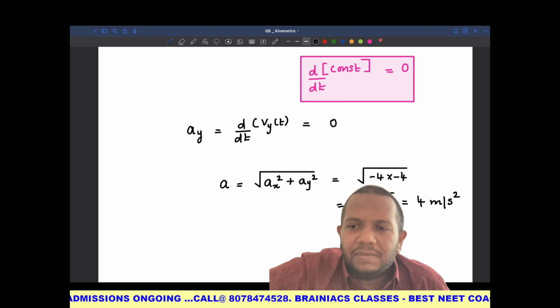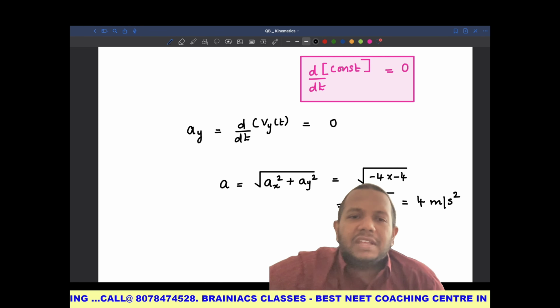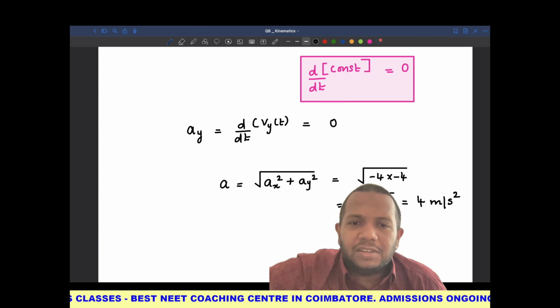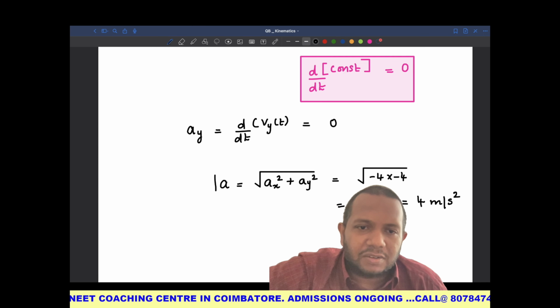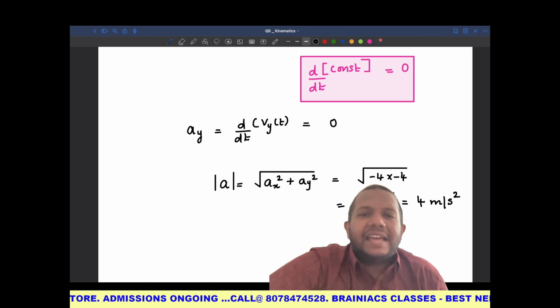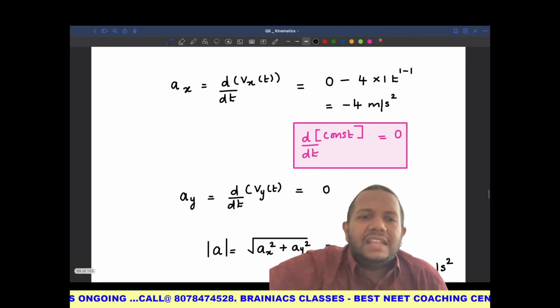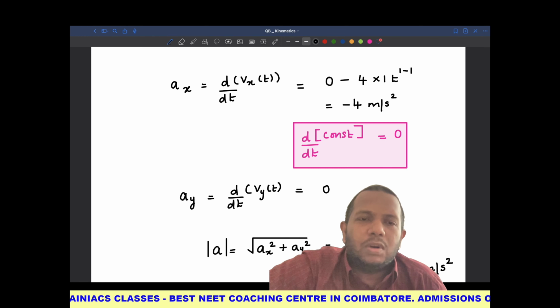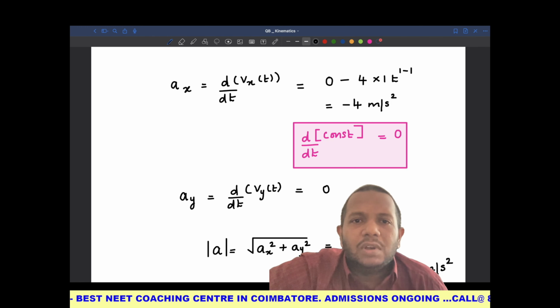So we will look at the options, but here we need to consider one thing. Here we are taking the magnitude. This is the magnitude of acceleration that we are getting here. Okay, so if we consider the direction also, we understood that in ay the net acceleration is 0. So ax is the only component that is giving you the acceleration.